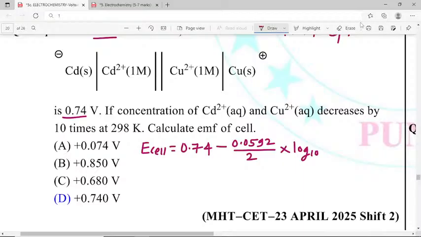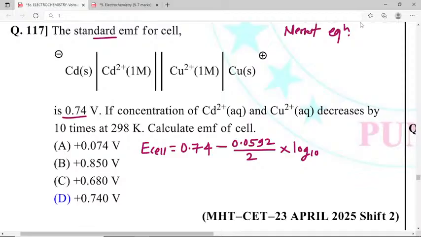Both are decreased. Why decrease both? Decrease by 10 times. Copper and cadmium, both are decreased by 10 times. So this is 1 molar and decreased by 10 times. So how to solve?